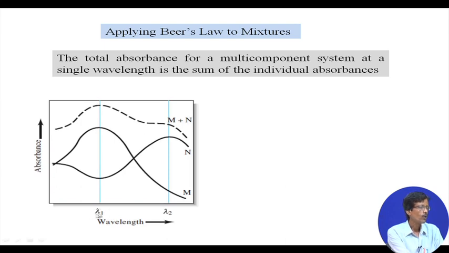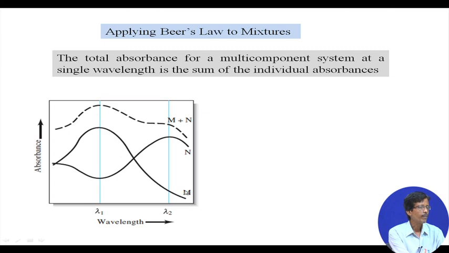So, if we use lambda 1 for one component and lambda 2 for the second component, M has its maximum absorbance, that is, its lambda max, at lambda 1, whereas N has its lambda max at lambda 2.